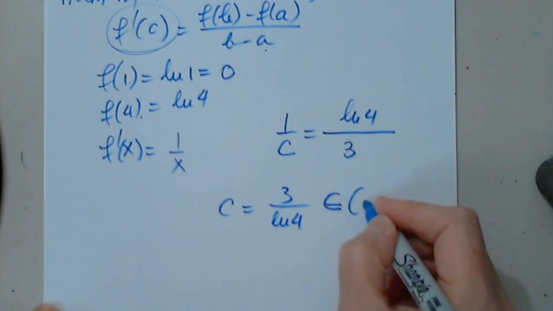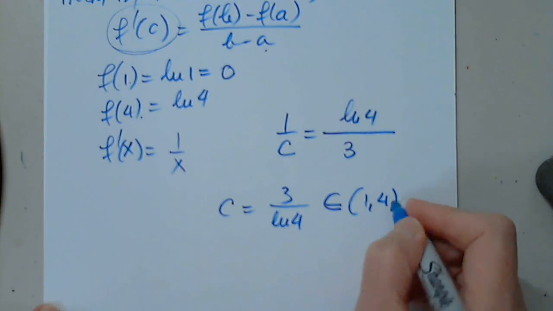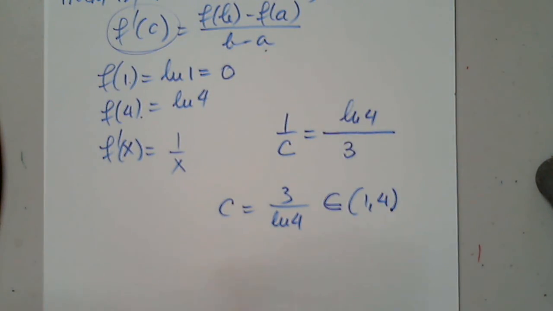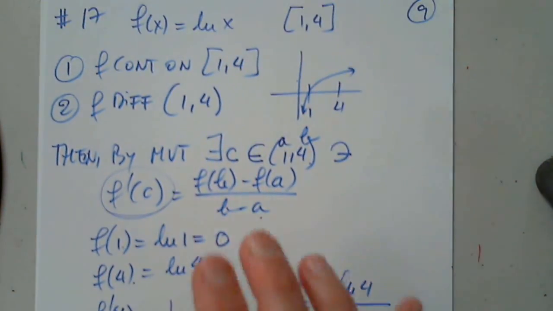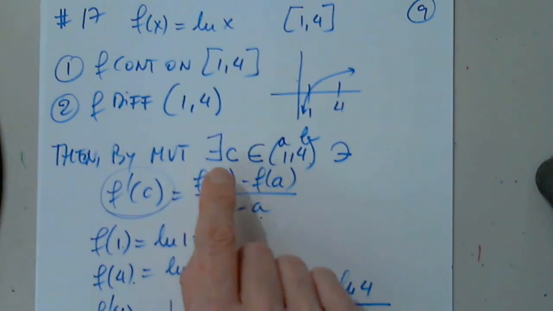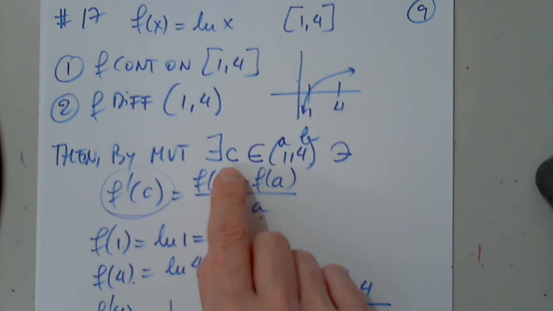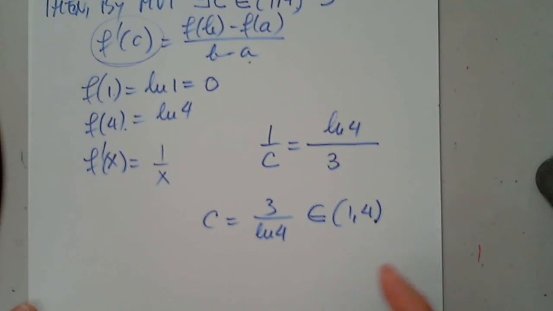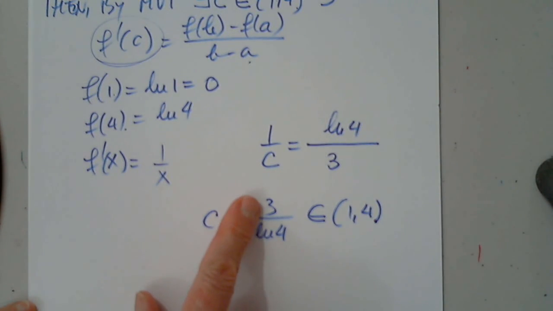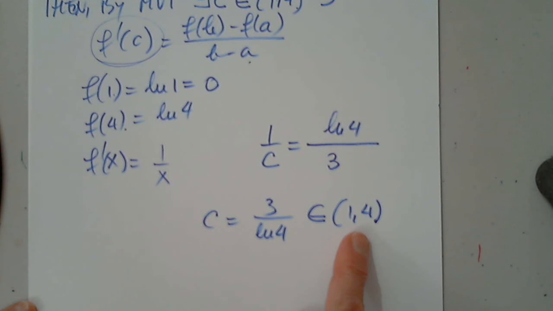This has to be in the interval (1, 4). If it isn't, I made an error somewhere. Why? Because as long as the function is continuous and differentiable, this is guaranteed. At least one I have to find. So I'm just going to plug this in the graphing calculator and make sure. I cannot write this statement before I check. I have to divide 3 by natural log 4 and see if it's here. Otherwise, this means nothing.